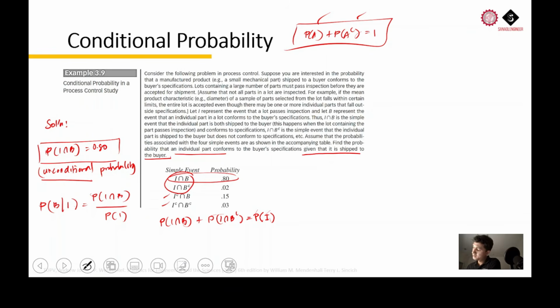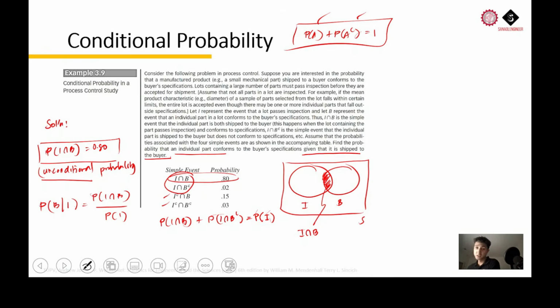Assuming this is the I and this is the B, let's write an arbitrary boundary for the sample space S. We know that I intersection B is this. This is the I intersection B. But what about I intersection of complement B?